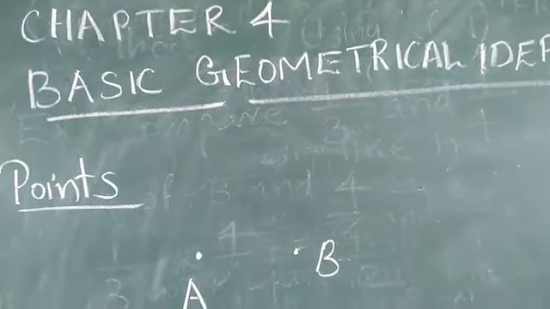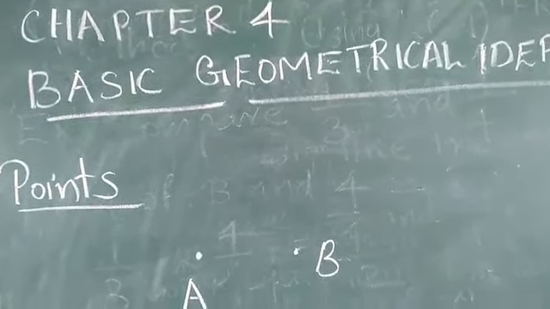Here you can see two lines, L1 and L2, are meeting or joining at the point P. So we can say these two lines are intersecting at the point P. Intersecting means normally meeting or joining. They are connecting these two lines by the point P.